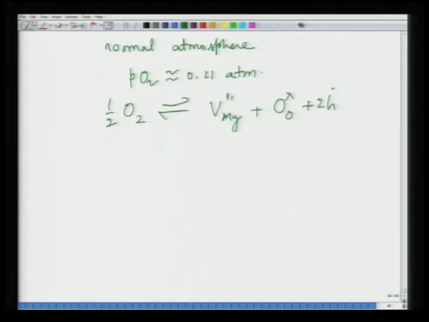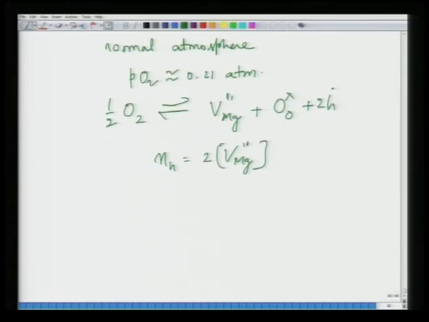Okay. So your N_H is equal to 2 V_Mg. From this you can calculate what N_H is.